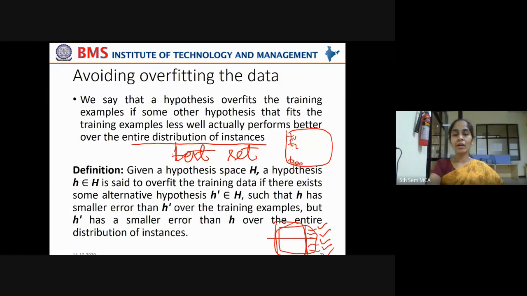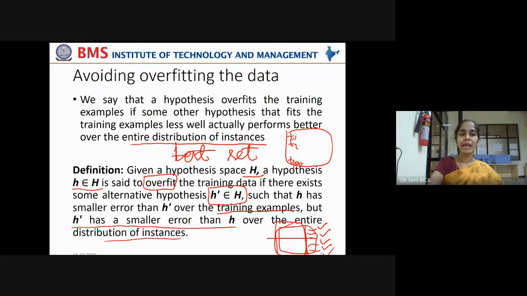Okay, now let us see the definition first. Given a hypothesis space H, understand carefully, a hypothesis h belongs to H is said to overfit the training data if there exists some alternative hypothesis h' belongs to H such that h has smaller error than h' over the training examples, but h' has a smaller error than h over the entire distribution of instances.